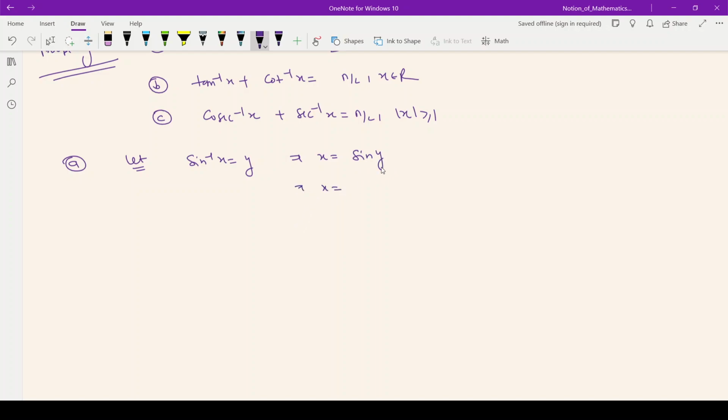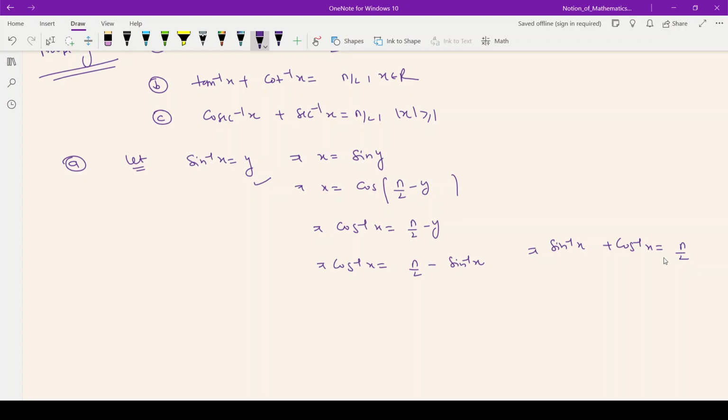As we know, sine y can be written like cos of pi by 2 minus y, or cos inverse x is pi by 2 minus y, or cos inverse x is pi by 2 minus sine inverse x as per the consideration, or sine inverse x plus cos inverse x is pi by 2.